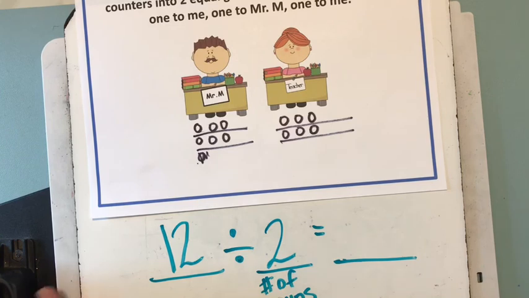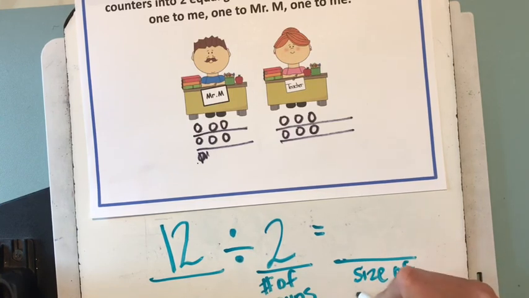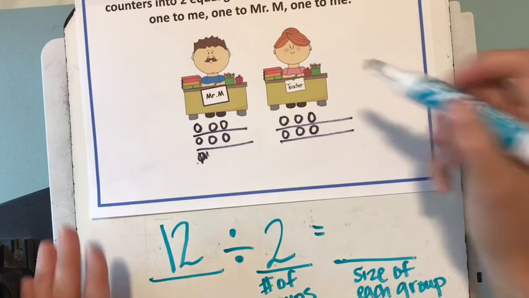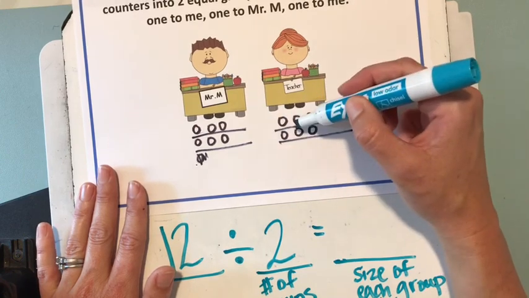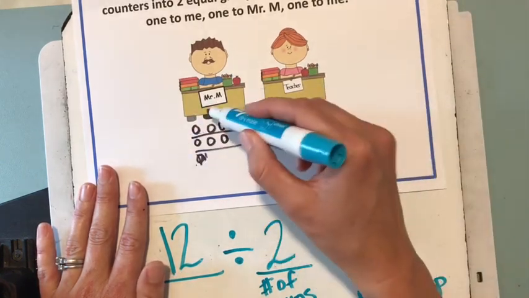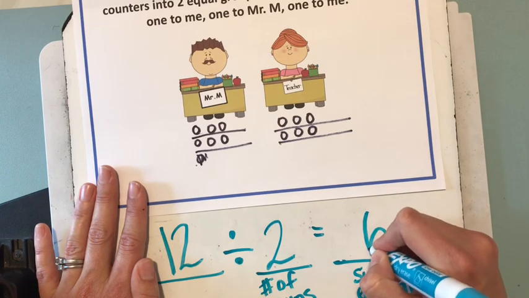And then what was the size of each group? That's what we're trying to figure out. Well, I got 6 markers in my group, and he got 6. So the size of our group is 6.